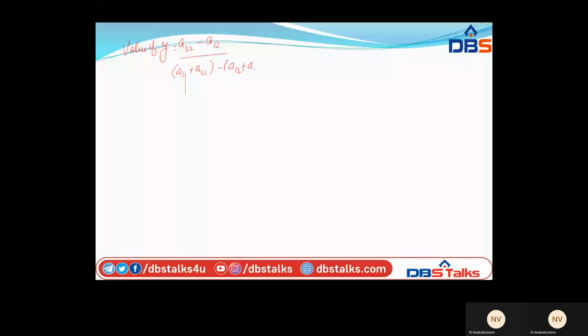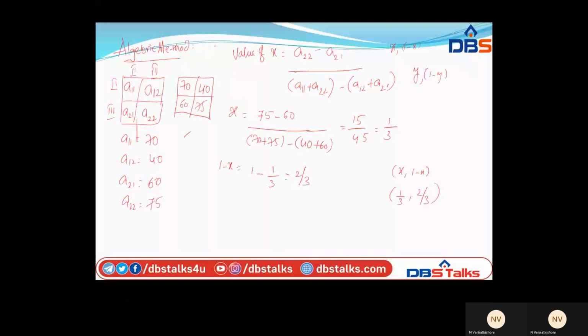If you clearly observe, A11 plus A22 minus of A12 plus A21, those values have no change. Only the numerator has changed. The numerator is A22 minus A12 in y, but in x, A21 is there. So this is the only difference. Okay.